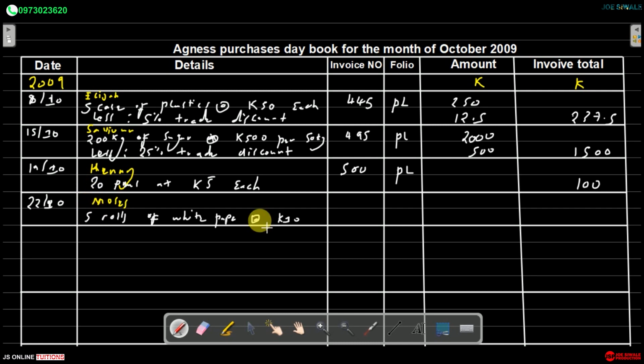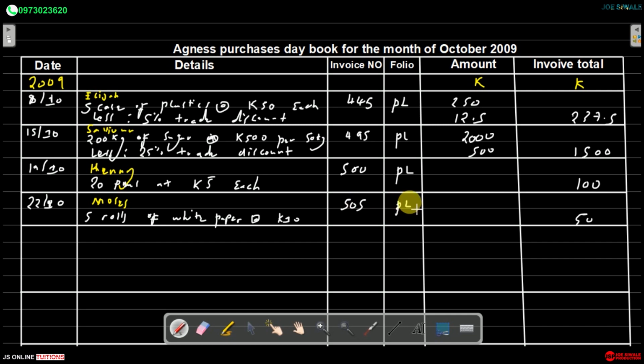Since we did not have any trade discount, that means we're going to record that amount direct here. So we're going to say 5 multiplied by 10, we're going to have 50, and we know that the invoice number is 505. Then we're going to say our PL.